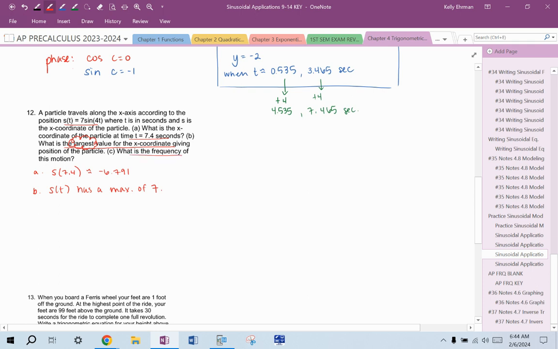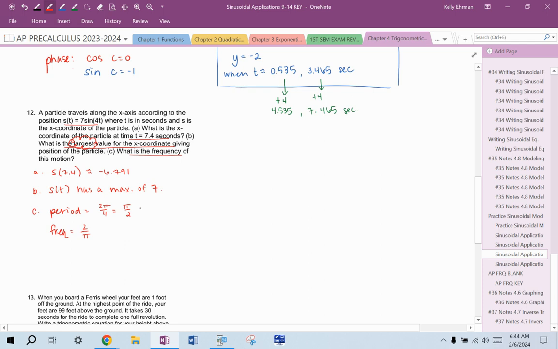What is the frequency of this motion? So the period is equal to 2 pi over 4, which is equal to pi over 2. That means that the frequency is equal to 2 over pi.